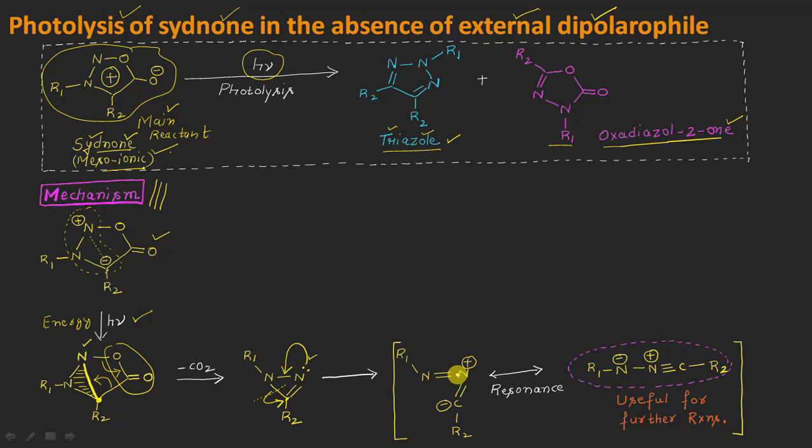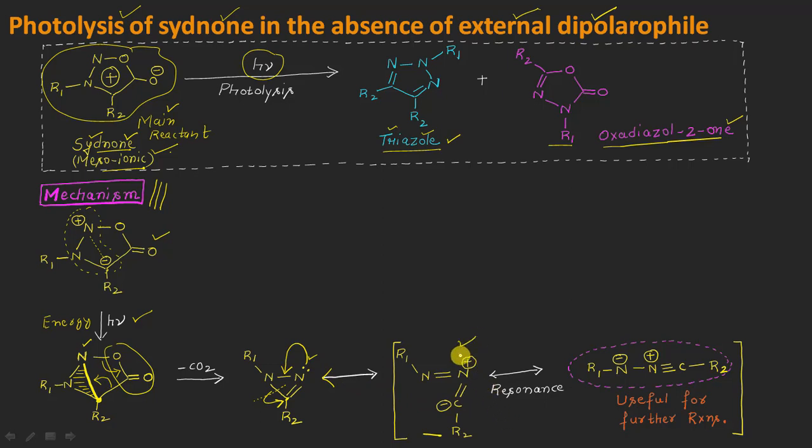So we will be using this type of resonating structure here, because it will be going towards something more viable, towards something more stable type of product molecule, right? So once again, it will be better if we show here a double-headed arrow in this way, because it is just a resonating type of structure, right?